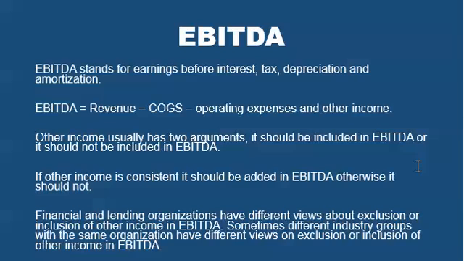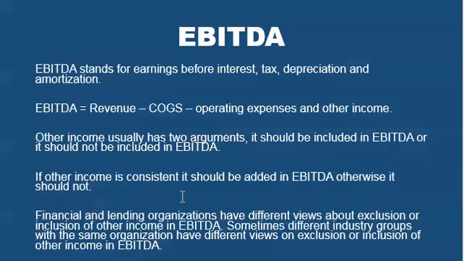EBITDA. EBITDA stands for earnings before interest, tax, depreciation, and amortization. The formula for EBITDA is revenue minus cost of goods sold minus operating expenses, plus other income. Other income usually has two arguments. Some say it should be added in EBITDA, or it should not be added in EBITDA.